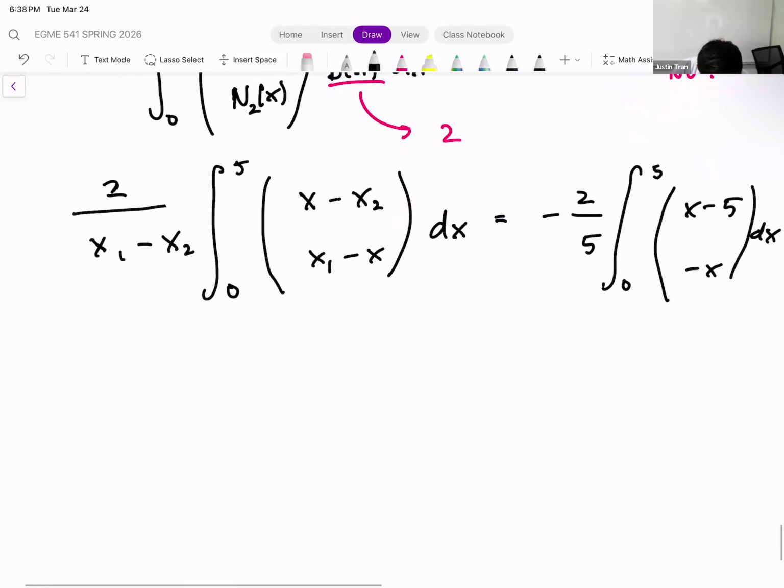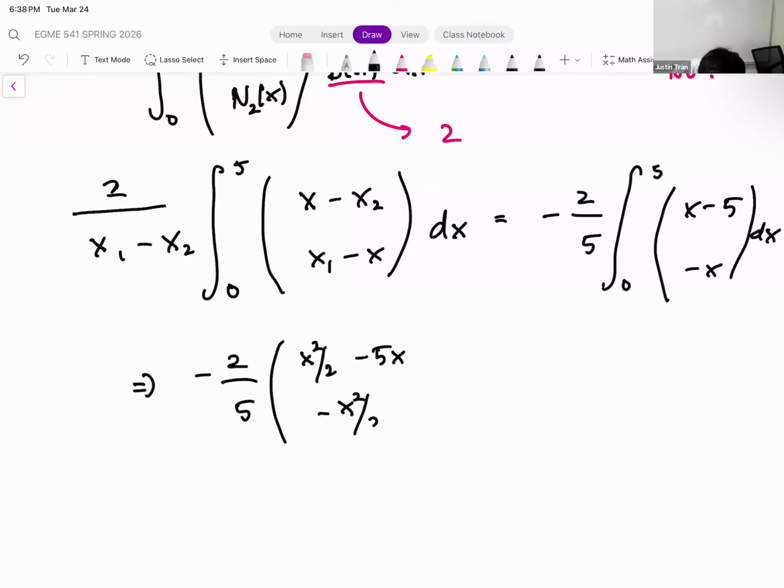Okay. So we go ahead and evaluate this integral. We get minus 2/5 multiplied by x squared divided by 2 minus 5x, and then minus x squared divided by 2, evaluated from 0 to 5.